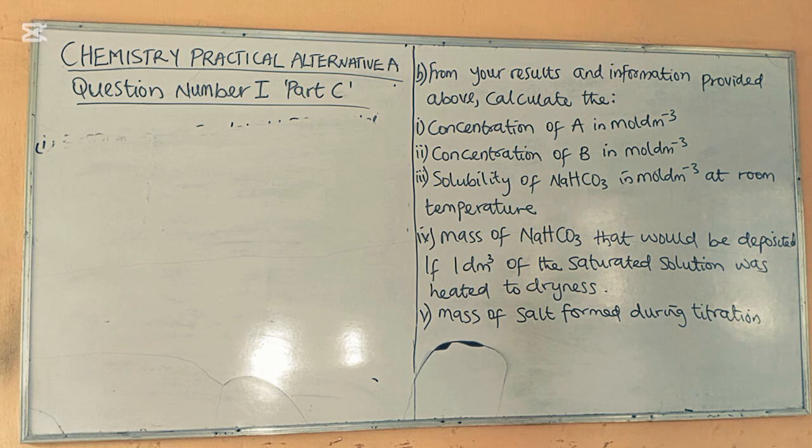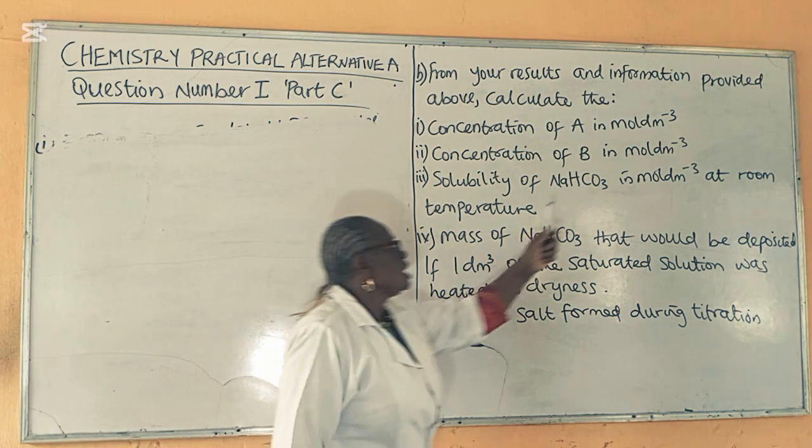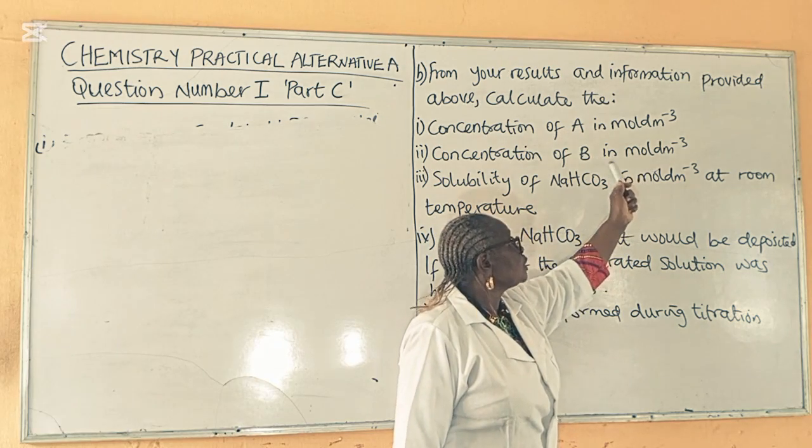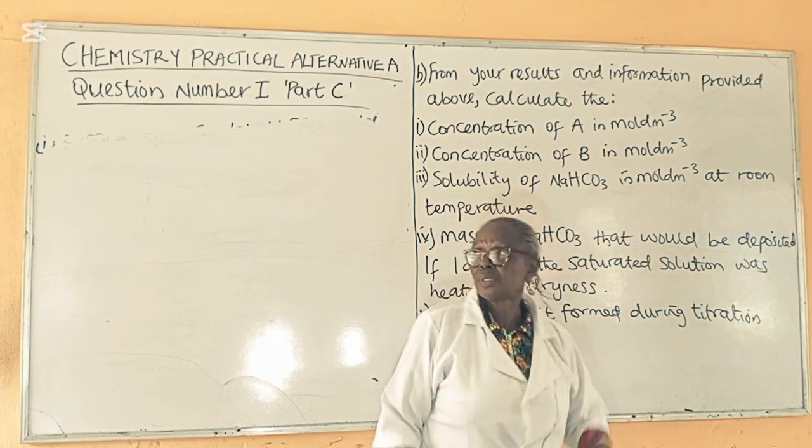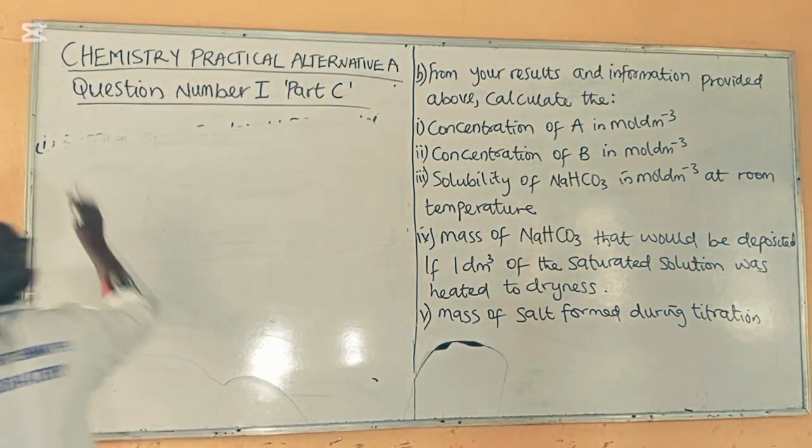This concentration of B is the diluted B that was used in titration, not the concentrated B. Remember, B originally was obtained from a saturated solution which was diluted to give you the B that you use in the titration. So this concentration of B in mole per dm³ happens to be the diluted B that you use in the titration, and that is what I want to look for.